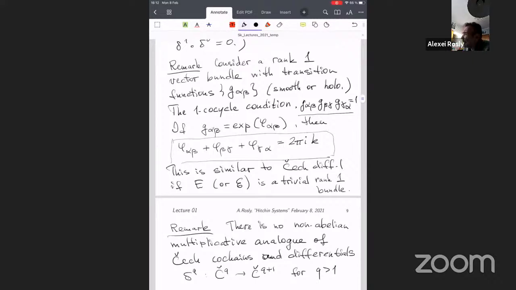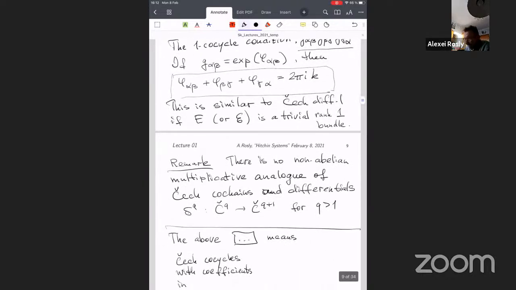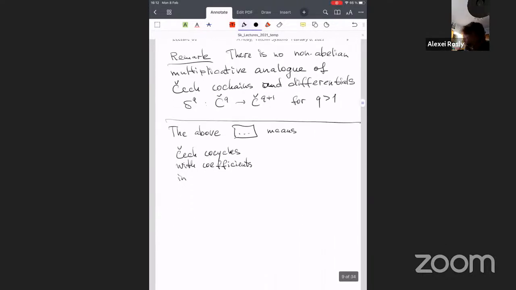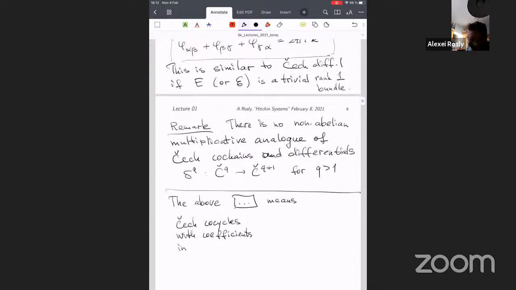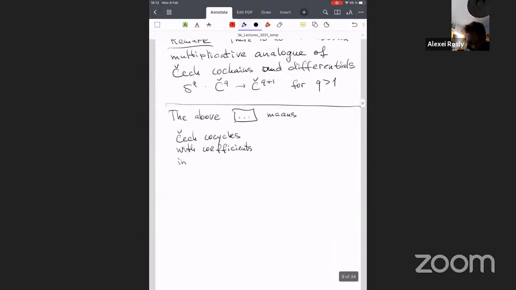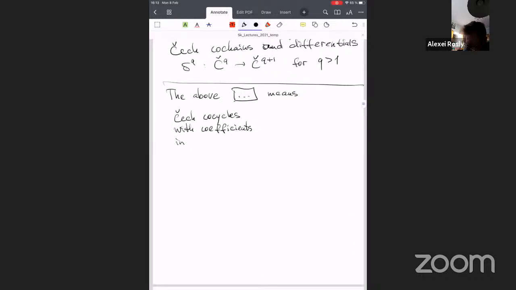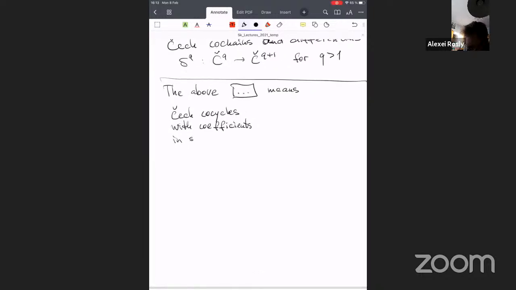So we can write this. Wait, let me write for smooth. It will not be exactly what we discussed in the holomorphic case, but it's a smooth analog. So Czech cocycles with coefficients in smooth non-vanishing functions.